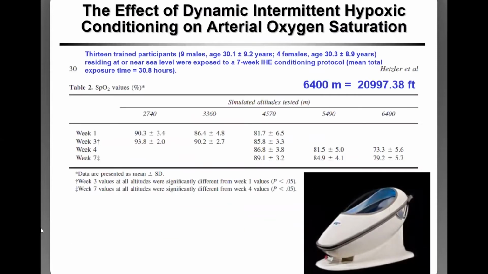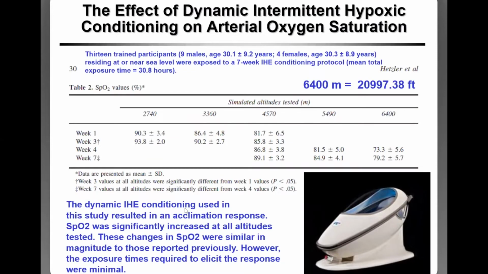So there's a study that was performed that showed the effect of intermittent hypoxic conditioning on arterial oxygen saturation. This was done on 9 males and 4 females, and O2 sat is measured with a pulse oximeter, and at sea level it is about 97 or 98%, and that is normal at sea level.